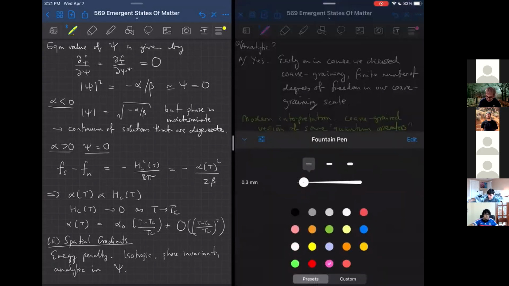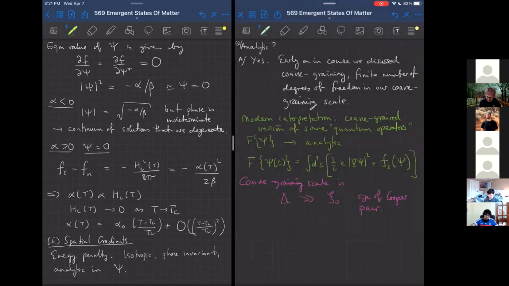Now, what we're going to do next time, and I don't have time to start it today, is include magnetic fields.